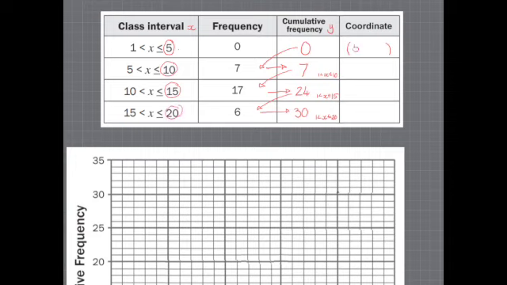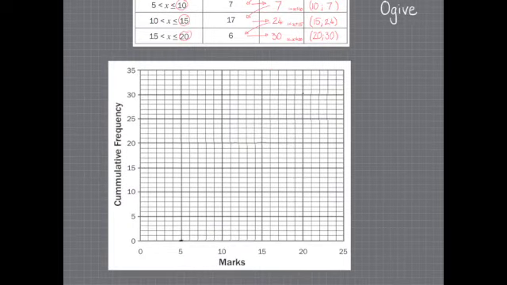So the first one's going to be 5, the next one is 10, and after that we have 15, and then we've got 20. Like I said, our y values are going to be our cumulative frequency, and then it's just a matter of plotting these coordinates onto this Cartesian plane.